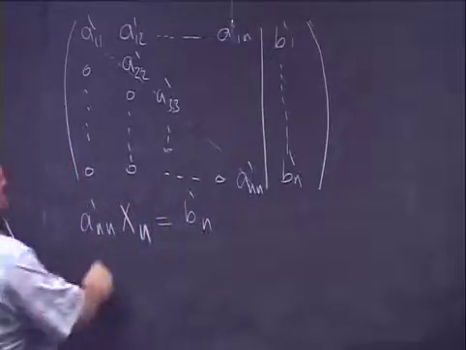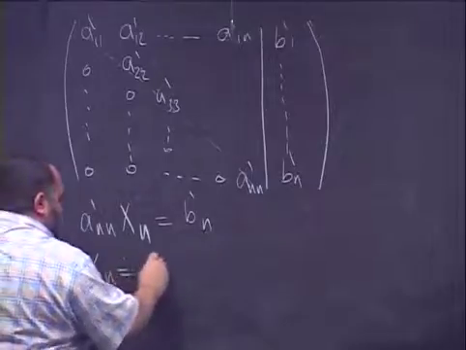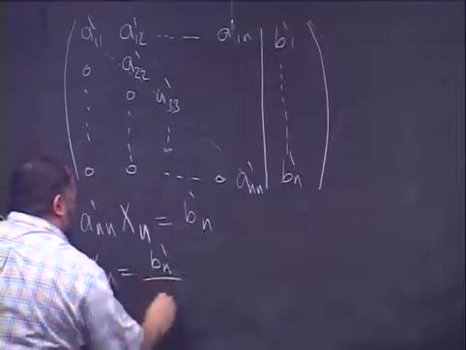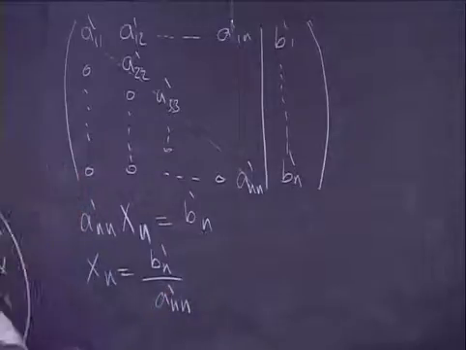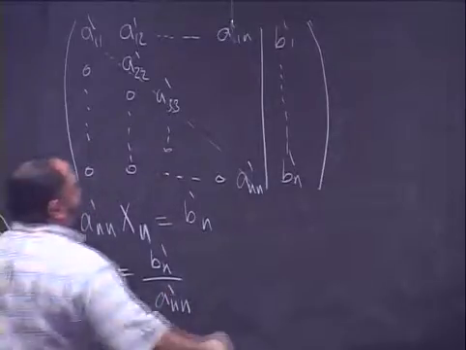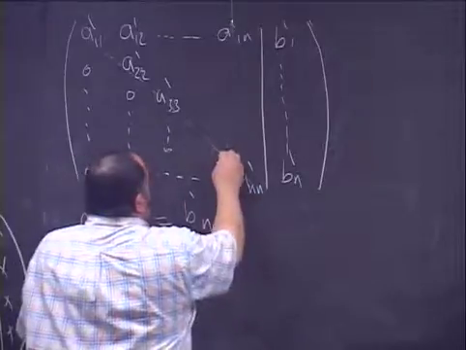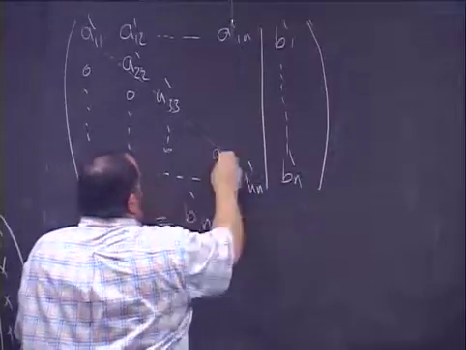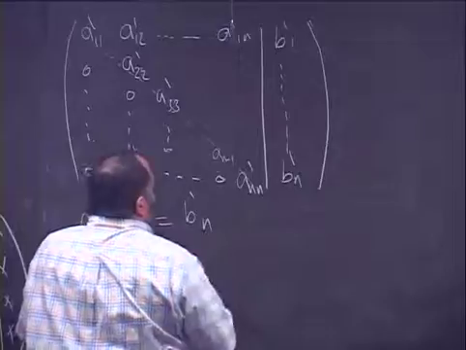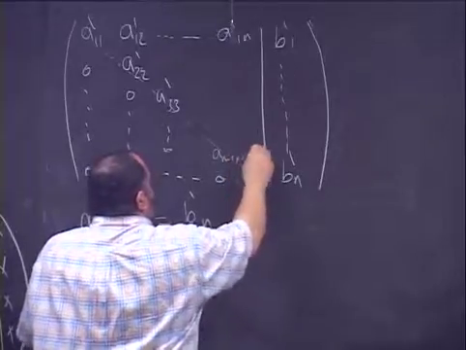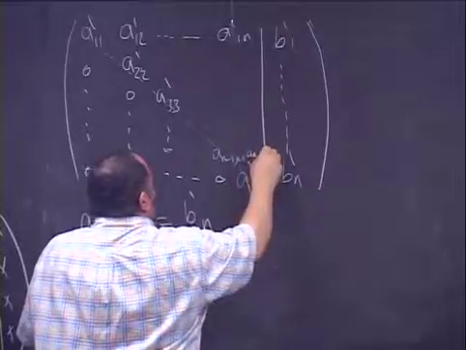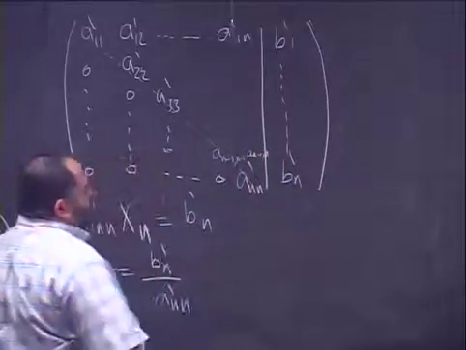So what's Xn? Xn equals Bn prime over Ann prime. Yes, and this is the A, this is n minus 1, and n minus 1, and this is A(n-1)n. Yes?